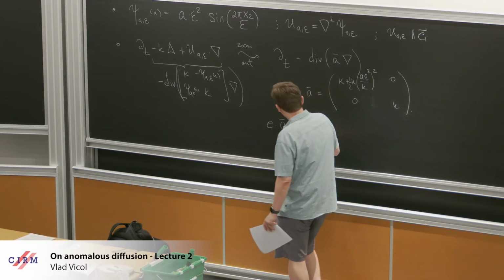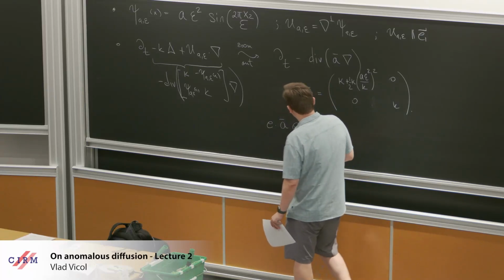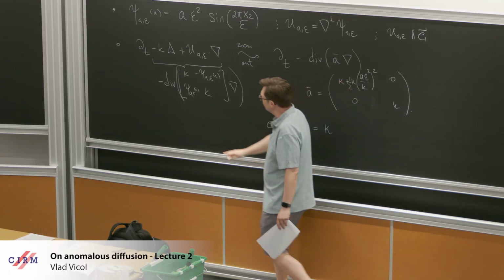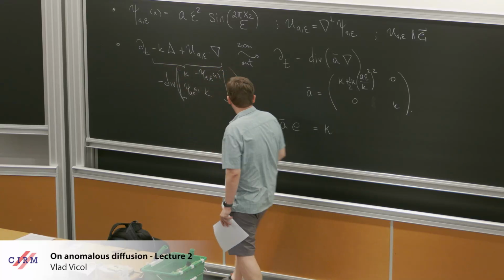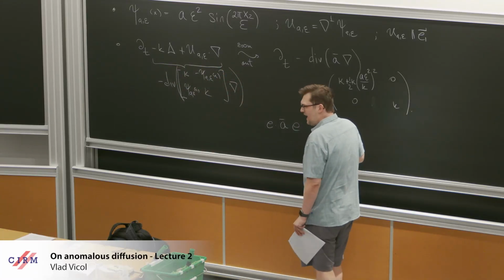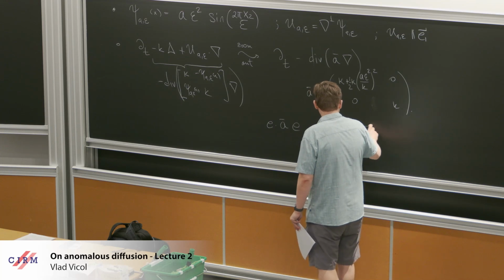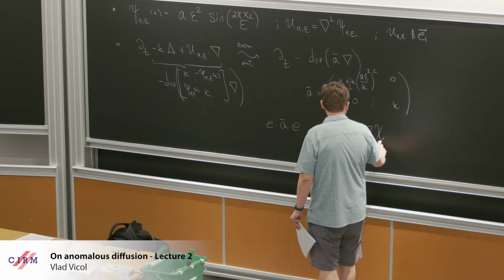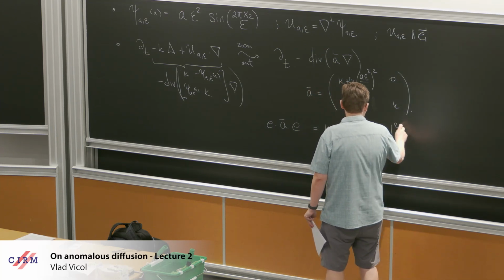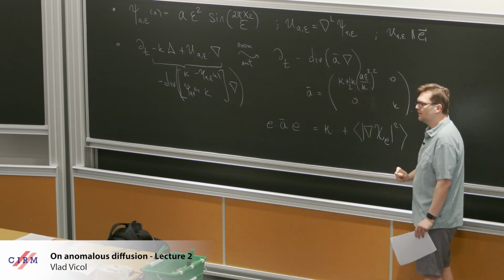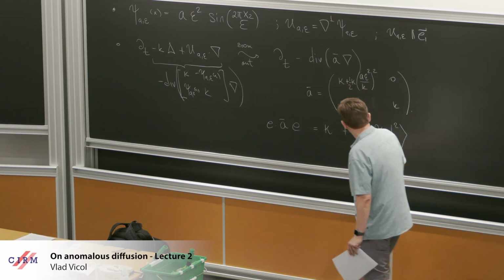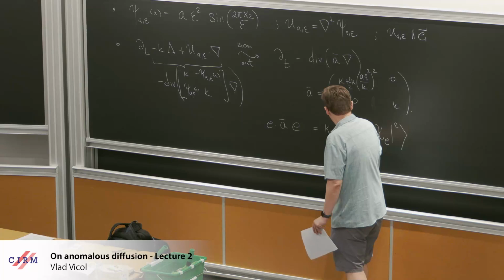This is kappa, which is what you got for this, plus the average of the energy of the correctors, times kappa.